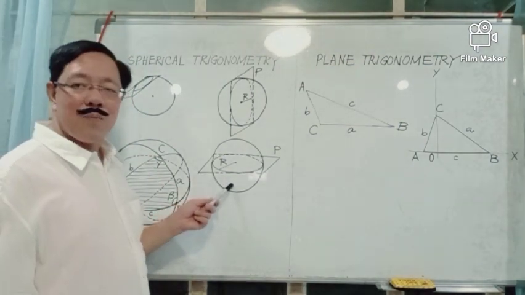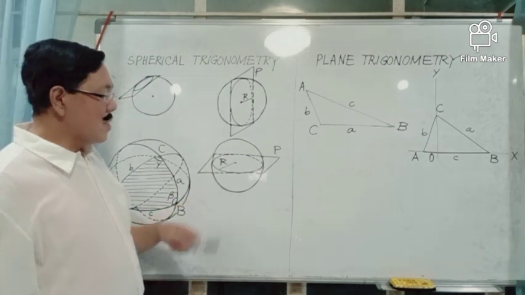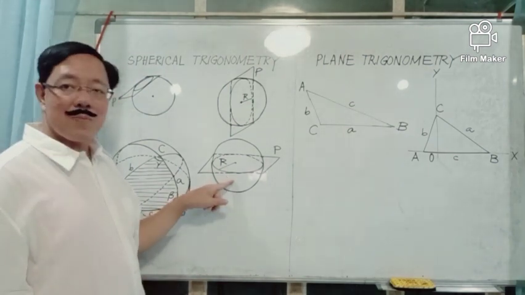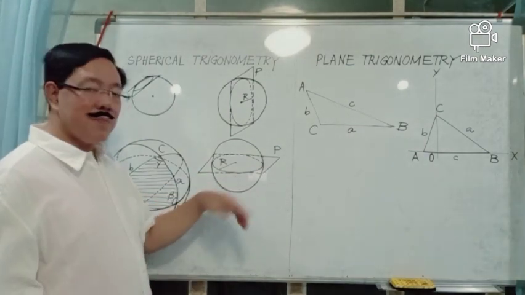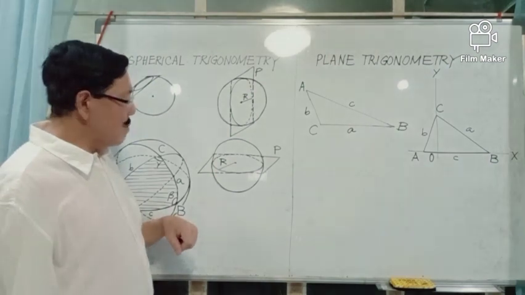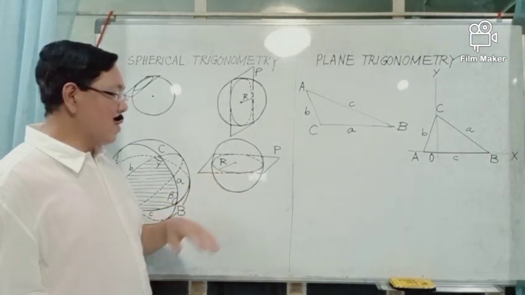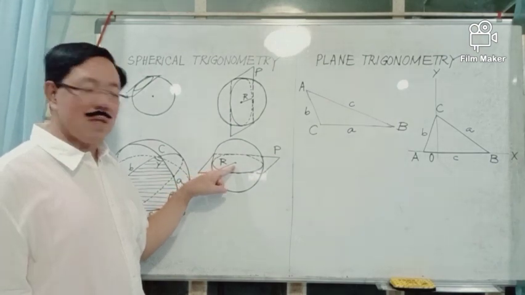Here's another example of a great circle. Now the plane passes through the sphere horizontally. That is, the plane P bisects the sphere into two equal parts, and the plane P passes through the center of the sphere.